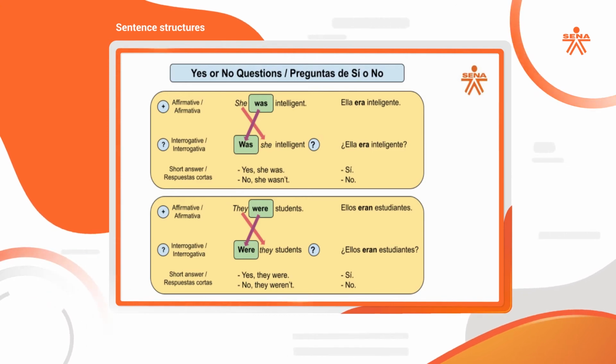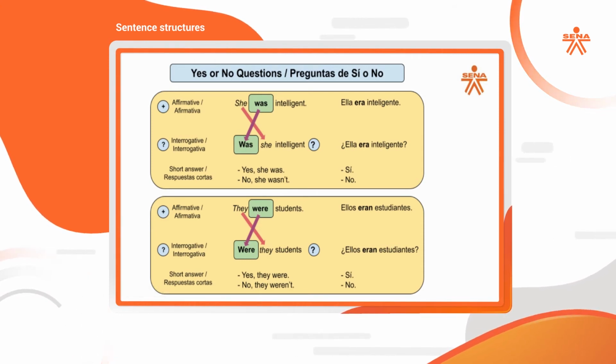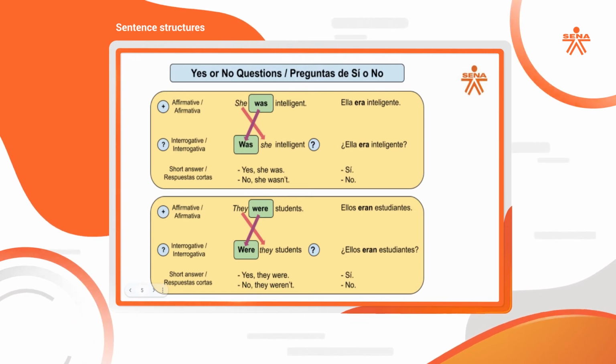Another example, they were students. That's the affirmation, ellos eran estudiantes. But if you want to ask about that, you are going to ask, were they students? ¿Ellos eran estudiantes? You have a short answer or two short answers for this.